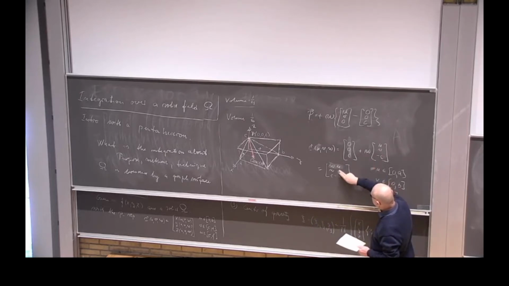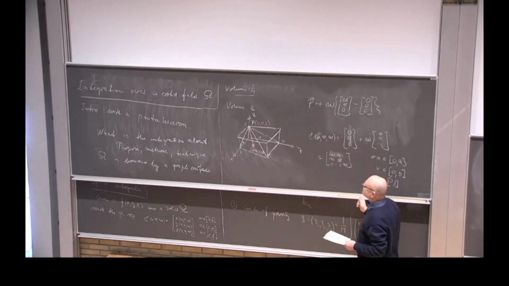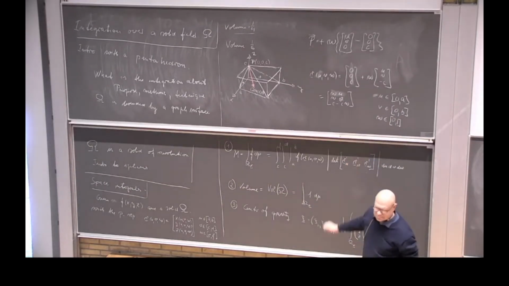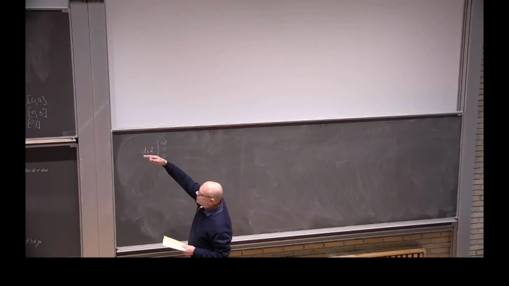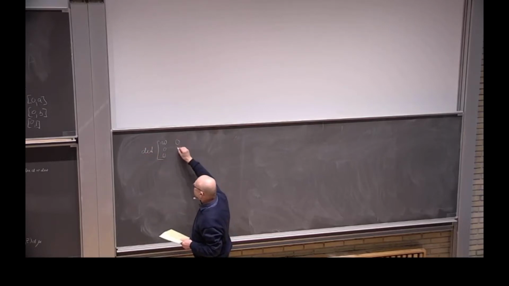It will be W times V at this point. So when I differentiate with respect to V, I get 0, I get W here, and then I get 0.